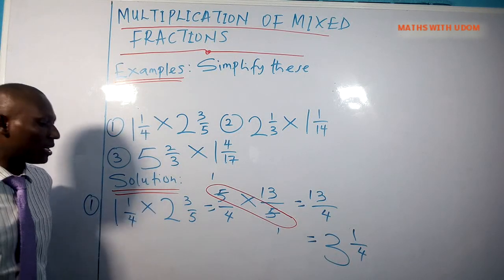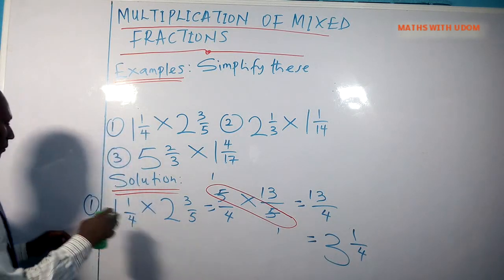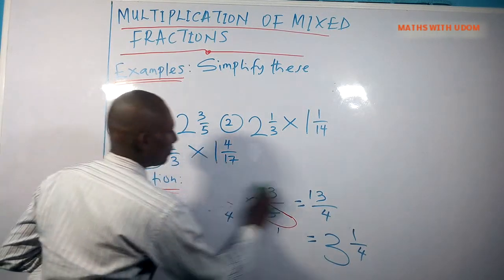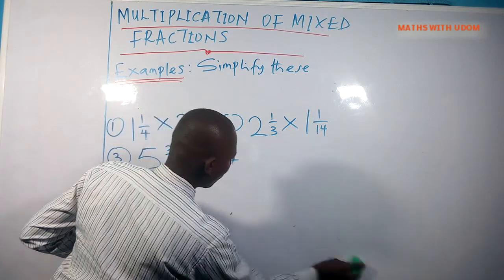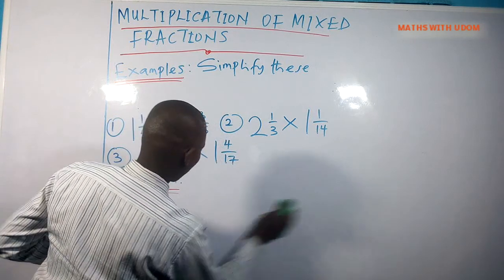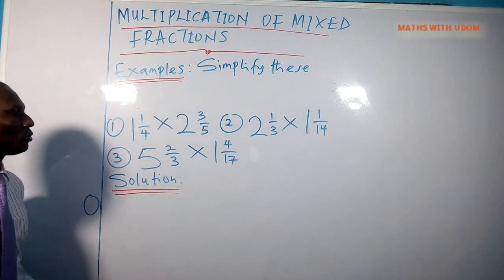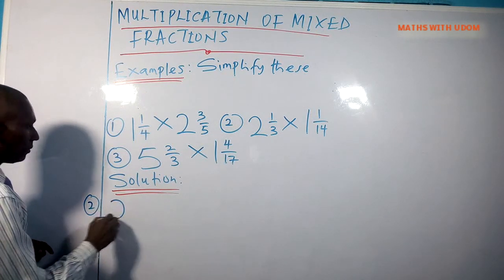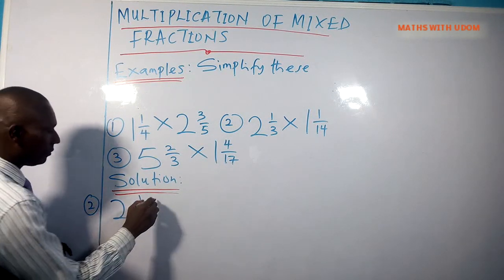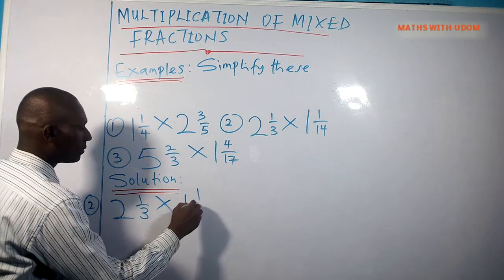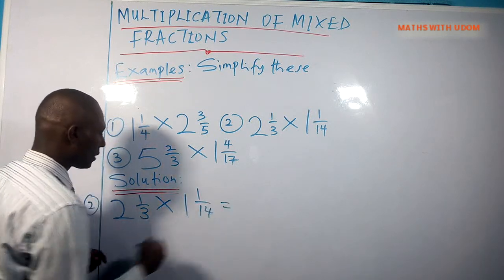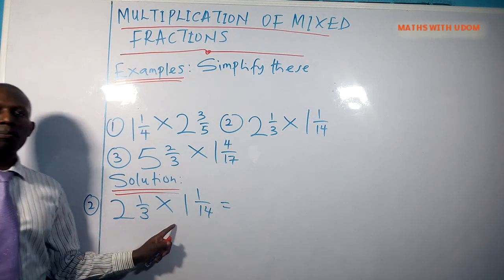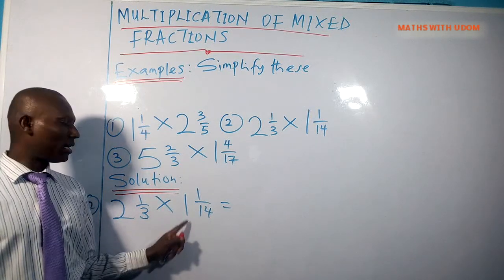Let's move to the second example. Example 2. For example 2, we have 2 whole number 1 over 3 multiplied by 1 whole number 1 over 14.